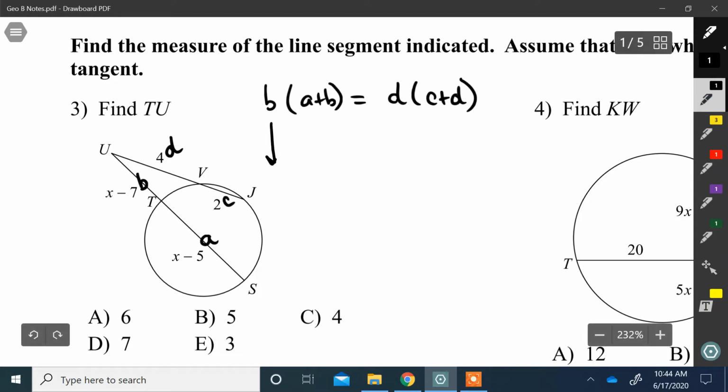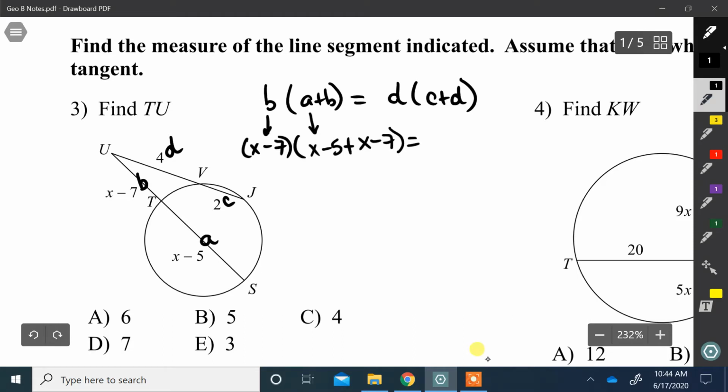So the b in this case is x minus 7, and I do like to put it in parentheses there. The a, we're going to substitute that with x minus 5 plus the b, which is x minus 7.